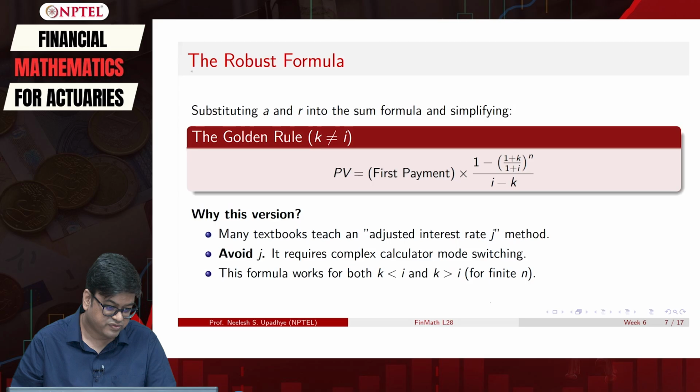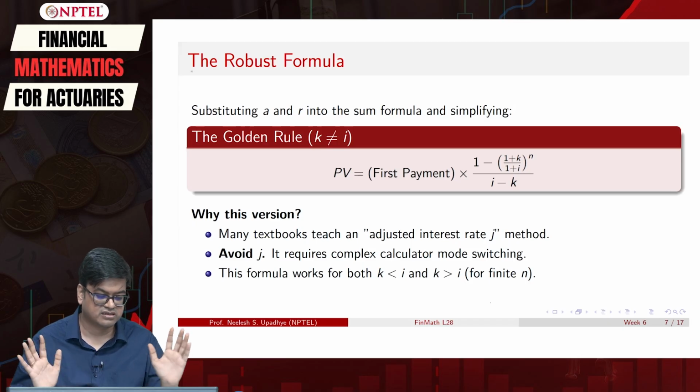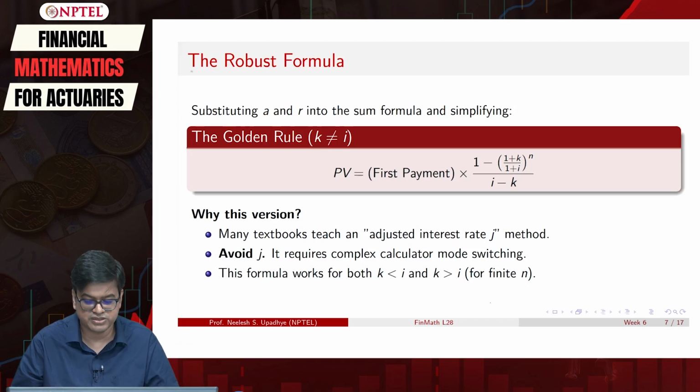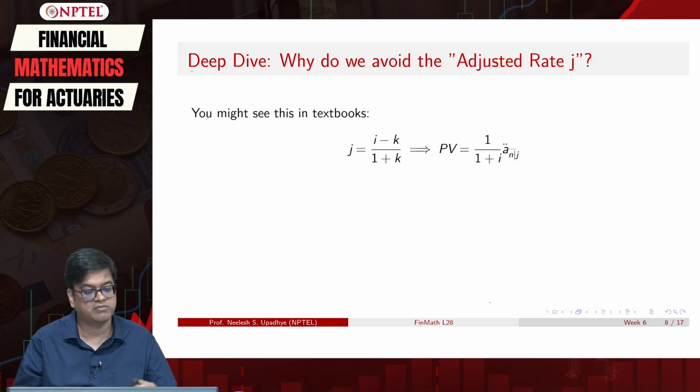The formula that we have derived, the golden rule, works for k less than I or k greater than I for finite n. It does not have any complicated issues. So, this is one thing. Now, because I am telling you what many textbooks are recommending you to do, I have to explain why I am telling so.